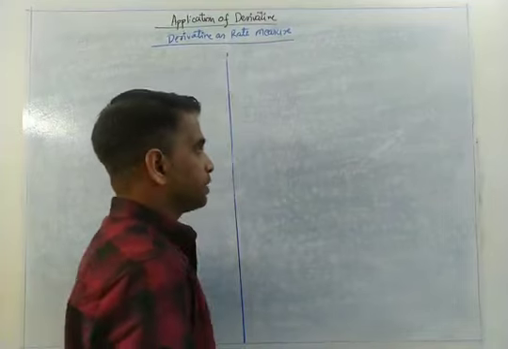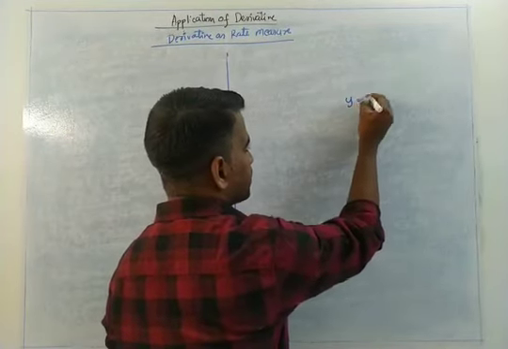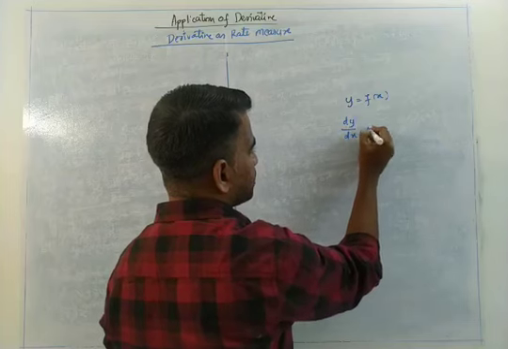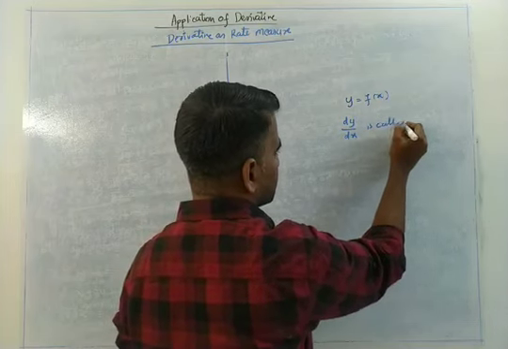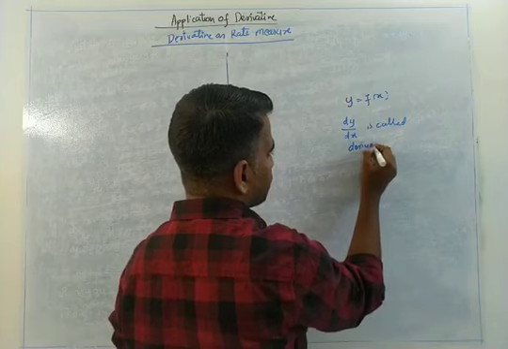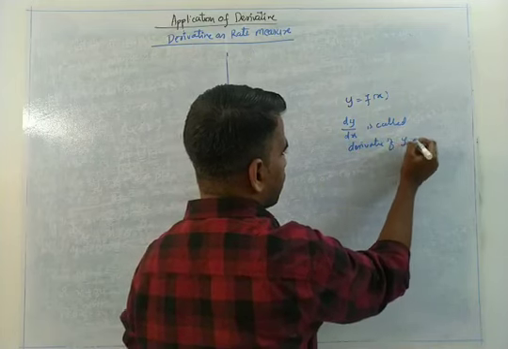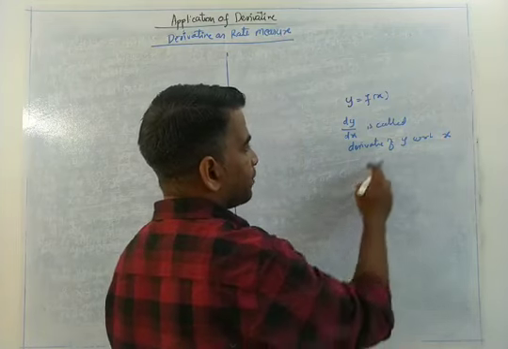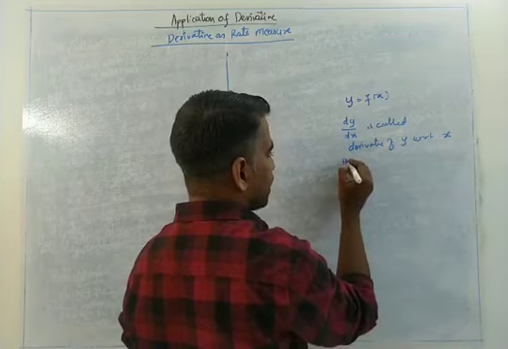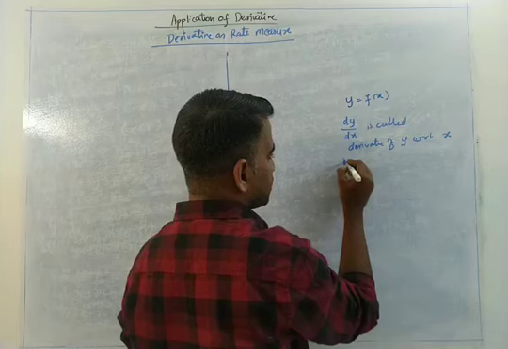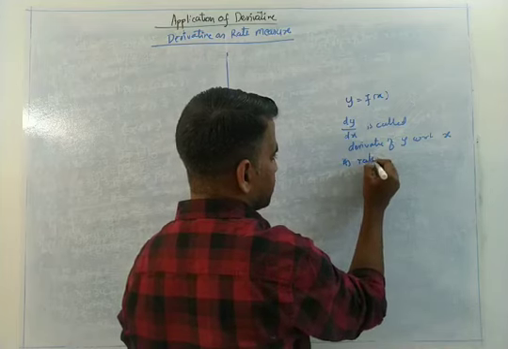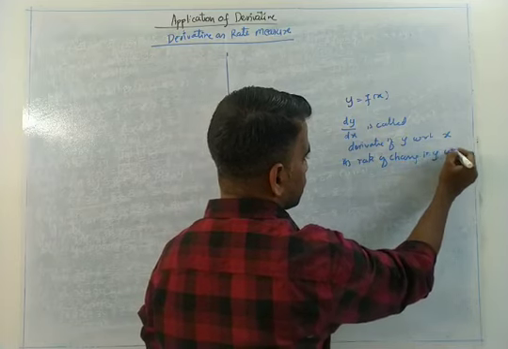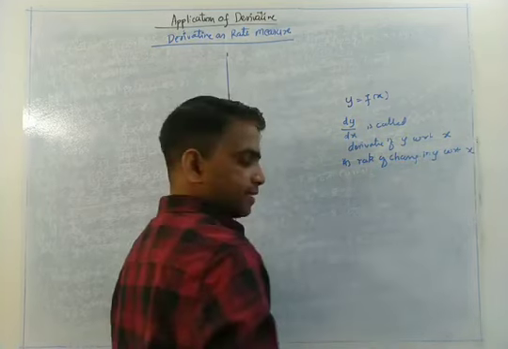Everyone knows that when y is equal to f of x, then dy by dx is called the derivative of y with respect to x. So the derivative of y with respect to x is known as the rate of change in y with respect to x.